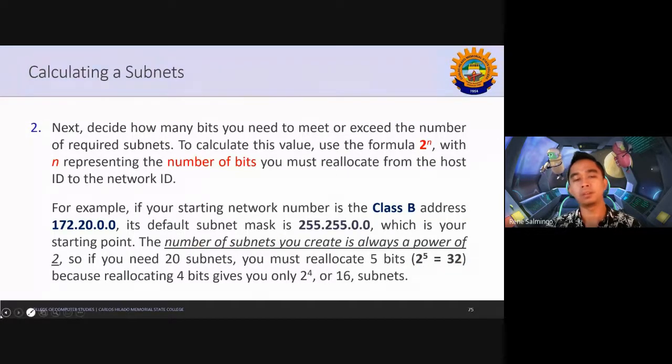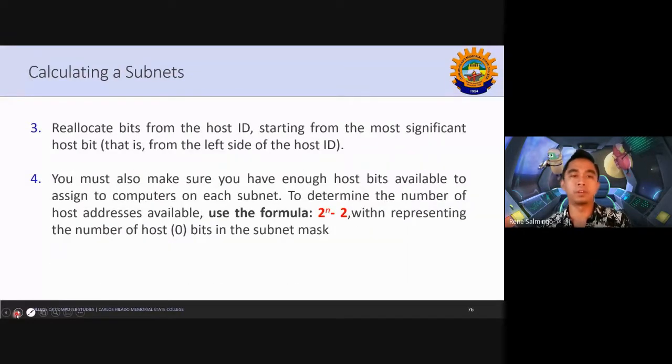Okay, that's the explanation for why we need to check how many subnets we need. Now, for the third step, reallocate bits from the host ID, starting from the most significant host bit, that is, from the left side of the host ID.